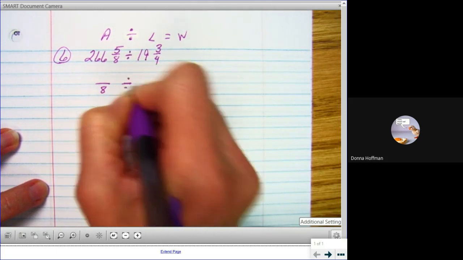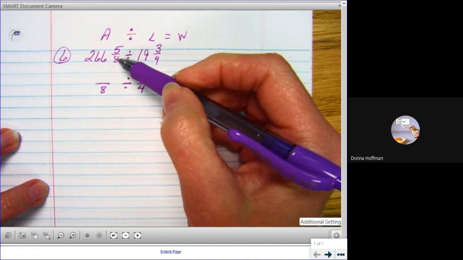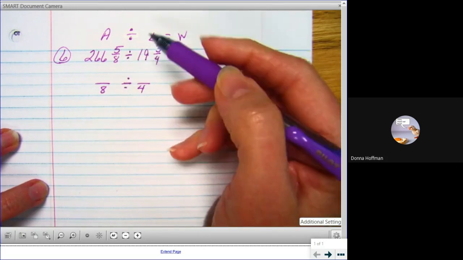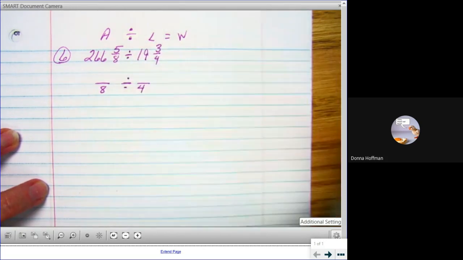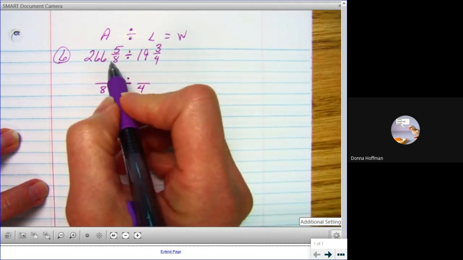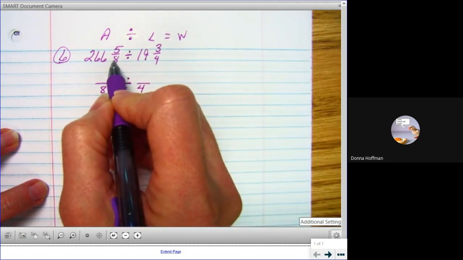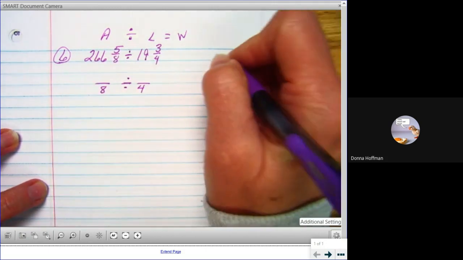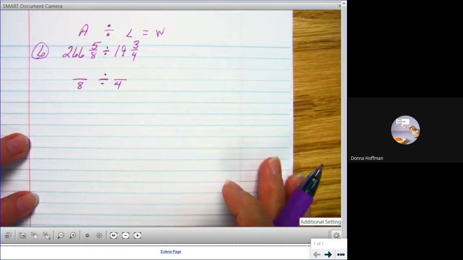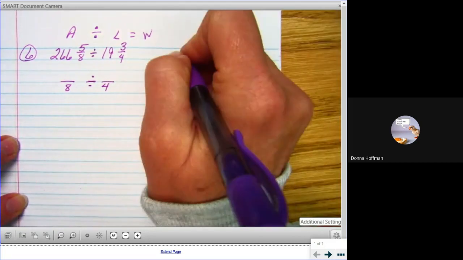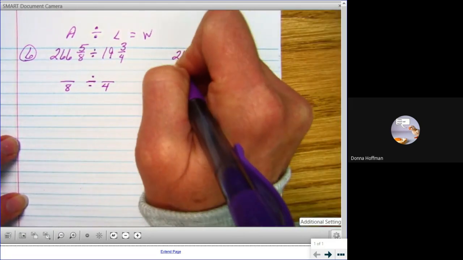So what I'm doing is I'm setting it up. My denominator is not going to change. My numerator is what's going to change. So to get that, I have to multiply 8 times 266. Let me do some side work. And then I have to add my numerator piece.